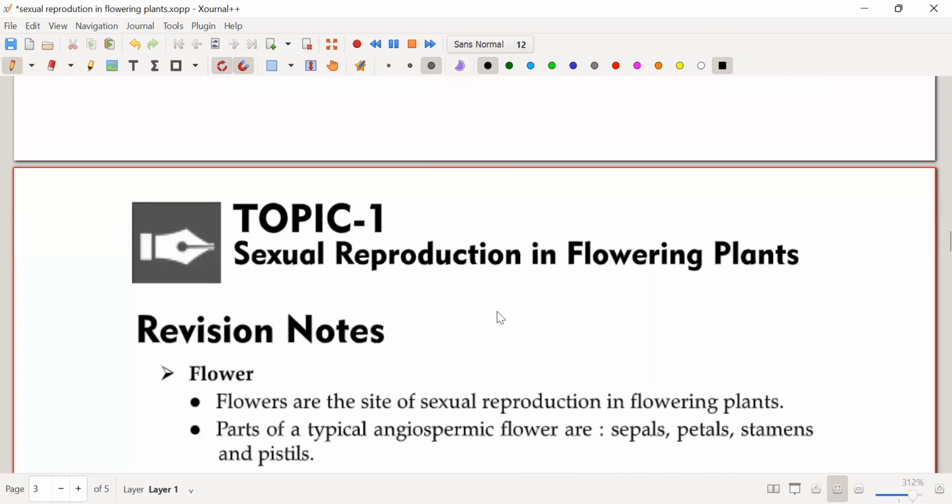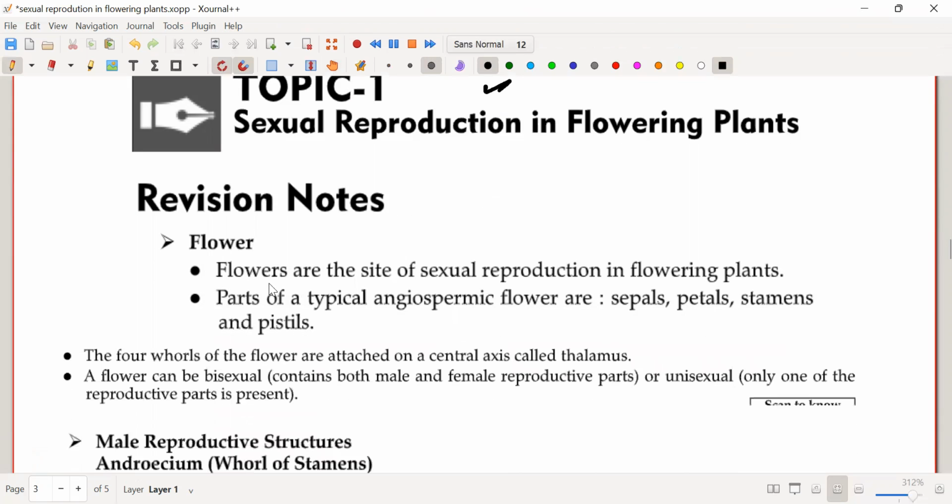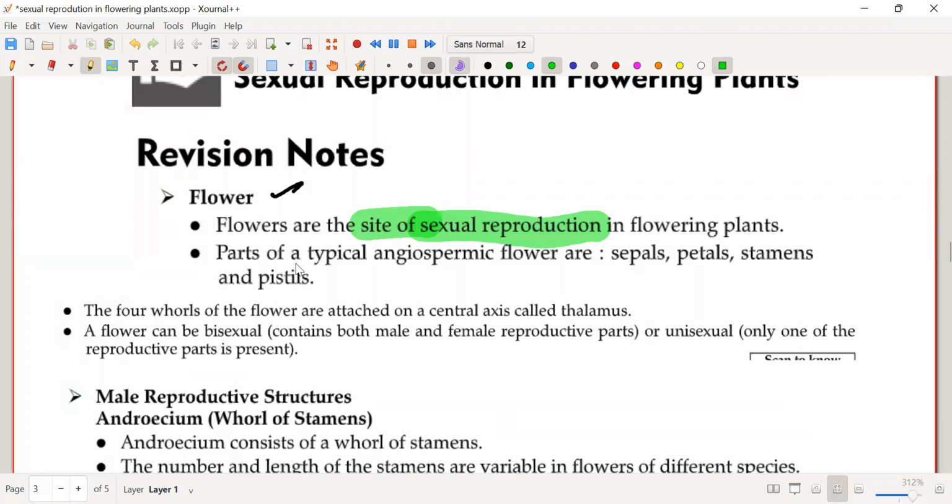So first we have to go through topic 1, right? What we have in topic 1 is regarding the flower. What is a flower? A flower is the site of sexual reproduction in flowering plants. Parts of a typical angiospermic flower are sepals, petals, stamens, and pistil.